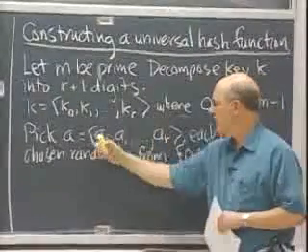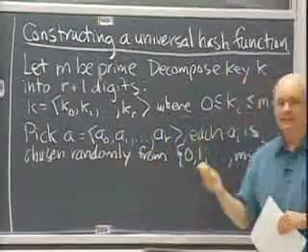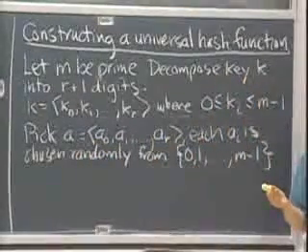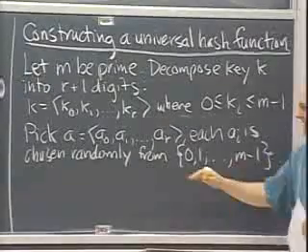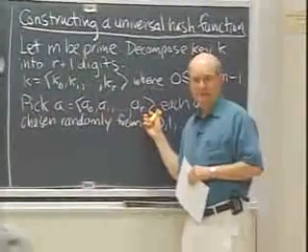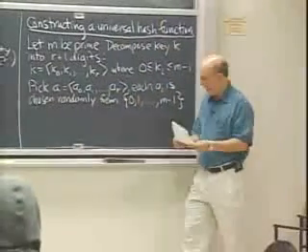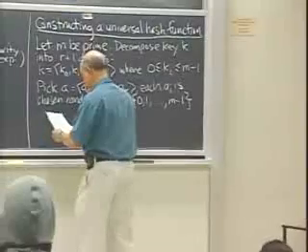And for each possible value of a, we're going to get a different hash function. So we're going to index our hash functions by this random number. This is where the randomness is going to come in. Everybody with me? Okay. And here's the hash function.